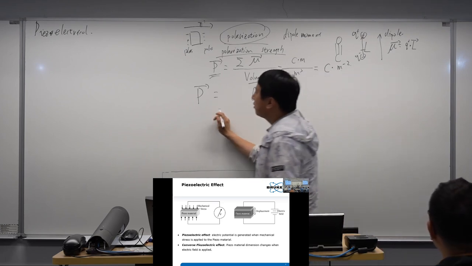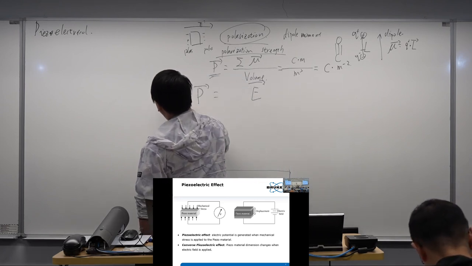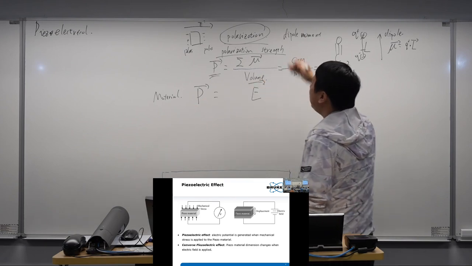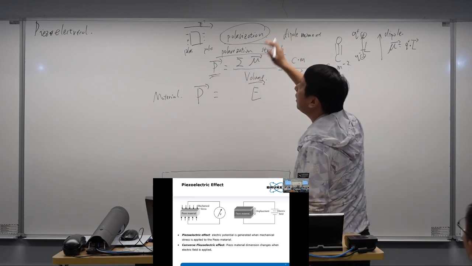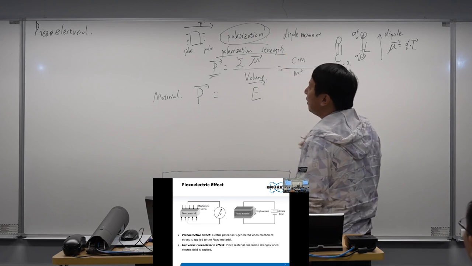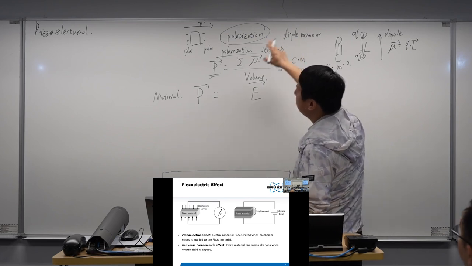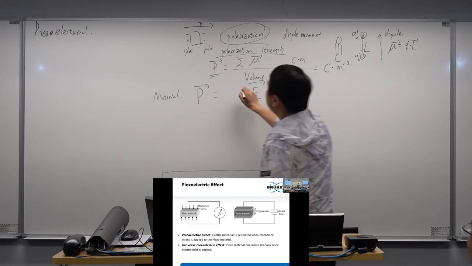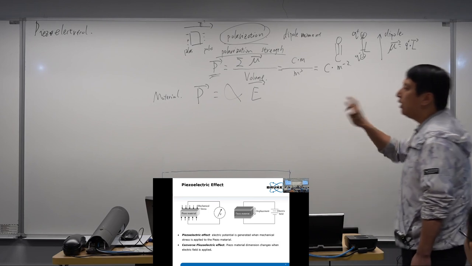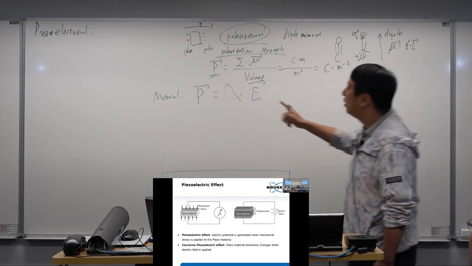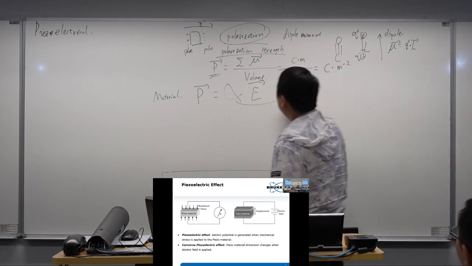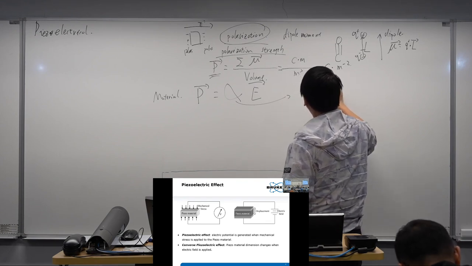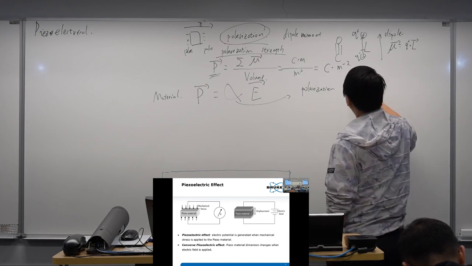To describe a material, how it can be polarized by an external electric field, that's a way to describe the polarization of these materials. So we would use a coefficient to link them to each other. This coefficient we would call the polarization coefficient.